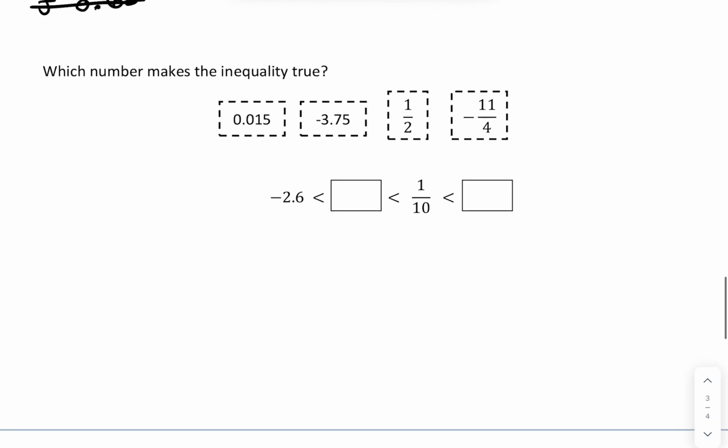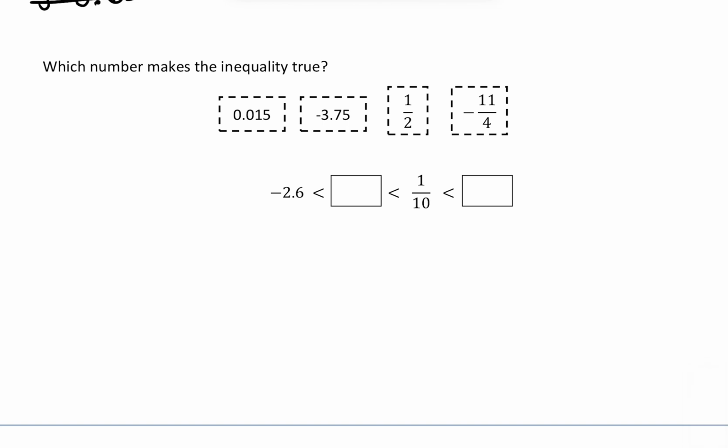Okay. Last one. I know this is a long one. Okay? I'm going to try to go through this one as quick as I can. It says, which number makes the inequality true? So the first thing I need you to realize is we have these alligators. Okay? So these alligators tell me that the alligator eats the bigger side.